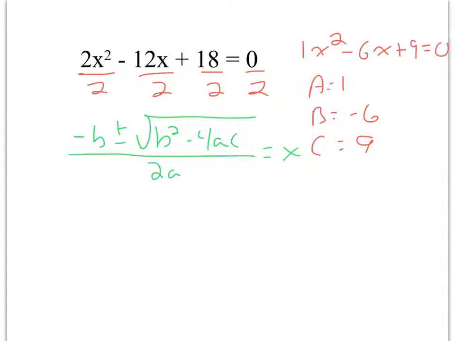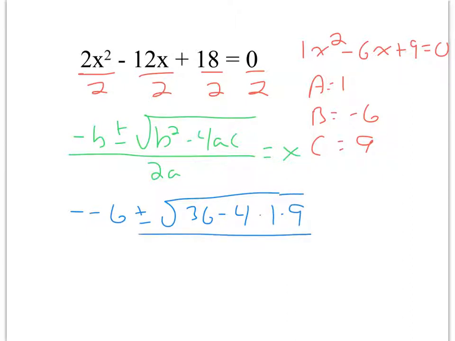So x equals, plugging in now, negative 6 plus or minus the square root of negative 6 squared, which is 36, minus 4 times 1 times c, which is 9, all over 2a, which is 2 times 1.